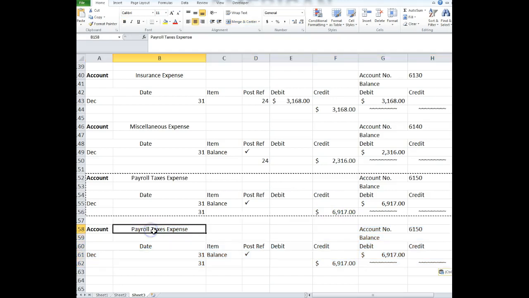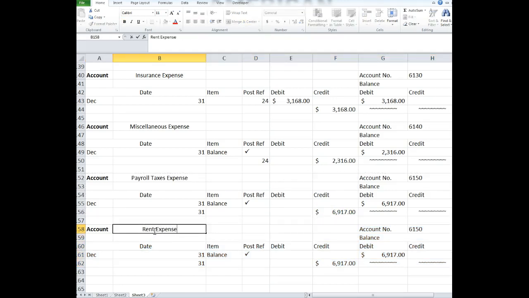Okay, so now we're on rent expense. $61.60. What's our balance for rent expense?